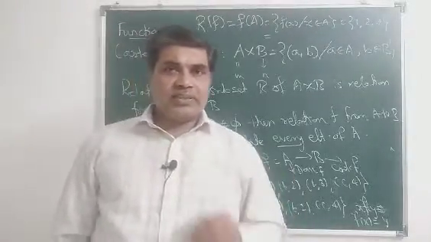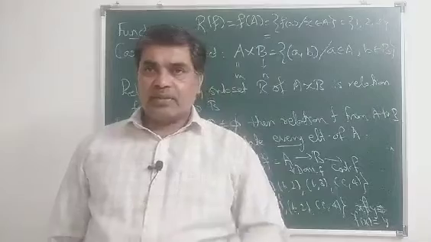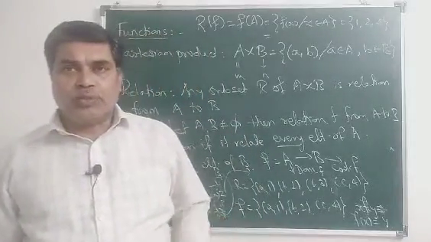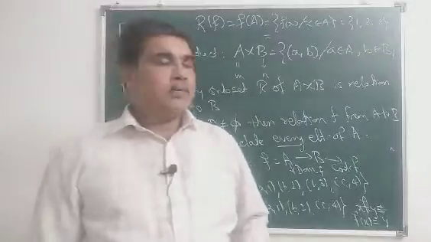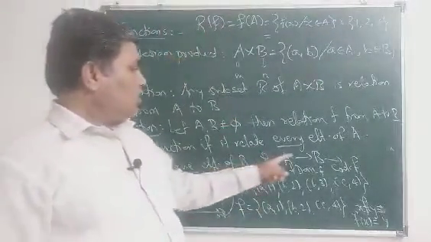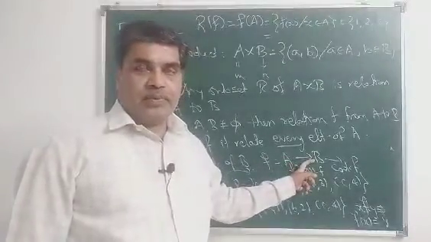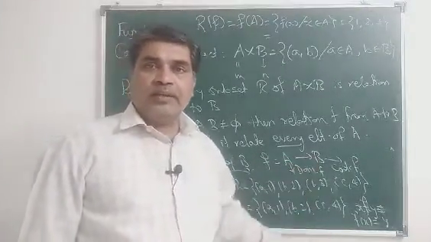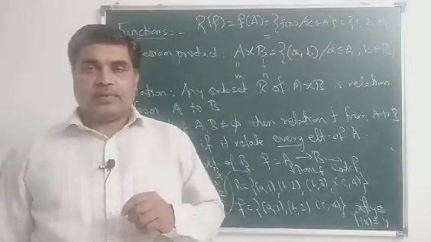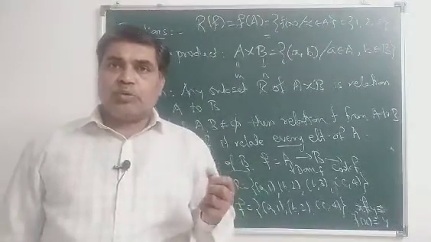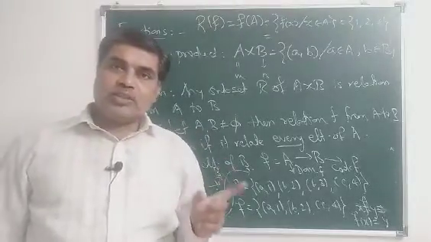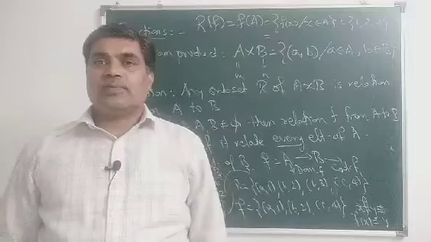So a one-one function is never many-one and a many-one function is never one-one. While a function is said to be an into function if the range of f is a proper subset of codomain set B. Range of f is not equal to B, then that function f is called an into function. So if f is not onto, then that function is an into function. So an into function is not onto, and an onto function is not into.